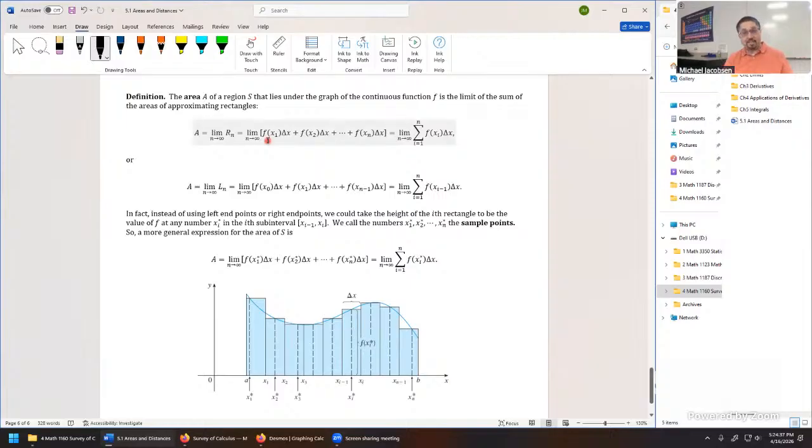We factored out our delta x to make by hand computation a little bit more workable, so it doesn't feel as much like busy work. But these are the major ideas. And it says it doesn't actually matter if you're using right endpoints or left endpoints. If you take random sample points that are just somewhere in each one of these rectangles, that's what the x1 star, x2 star are, the limit still comes out as the exact area.